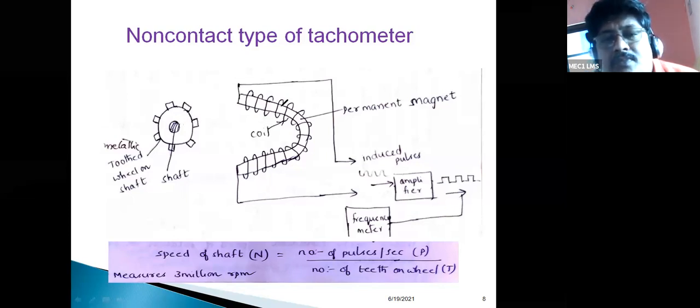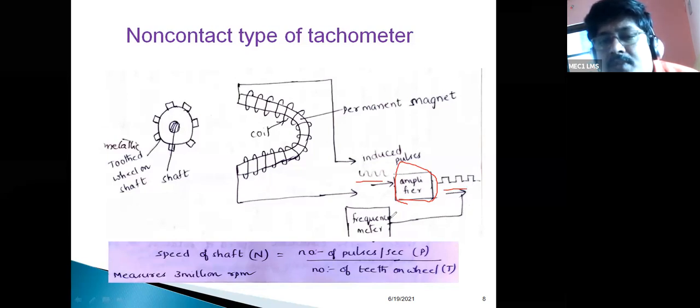What happens here is that it will cut the magnetic flux linkages, thereby pulses are produced, and they go to the amplifier. The amplifier converts this signal into this type of signal, and then we can get the frequency meter.